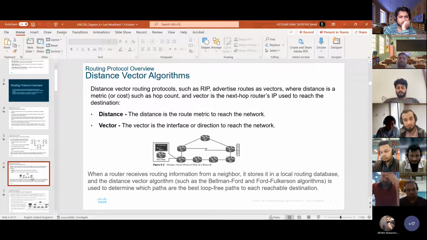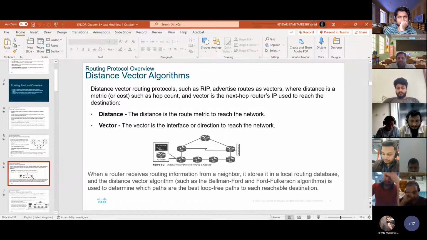So you get all this information, you run algorithms over it, you select the best path, and you install it in your routing database. Remember, the best path is the most economical path. And economical in this context is not always the shortest path. Depending on the protocol, another metric may be considered rather than the shortest path.